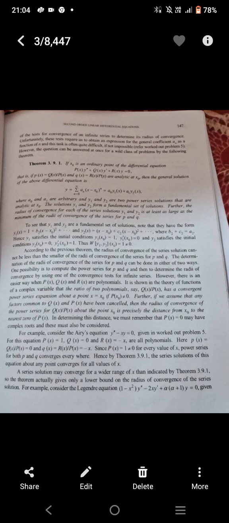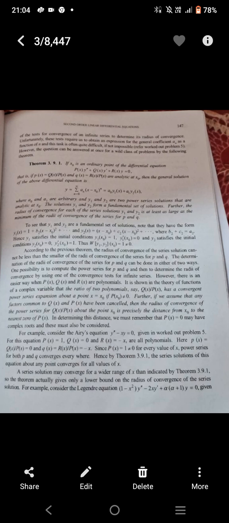However, there is an easier way when P(x), Q(x) and R(x) are polynomials. It is shown in the theory of functions of a complex variable that the ratio of two polynomials, say Q(x)/P(x), has a convergent power series expansion about a point x = x naught if P(x naught) is not equal to 0.